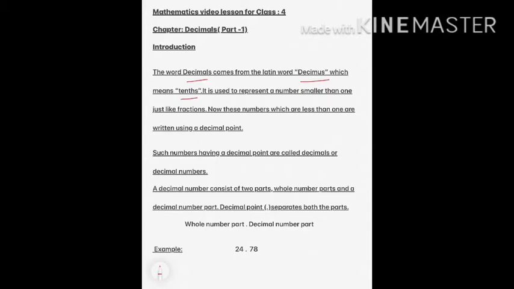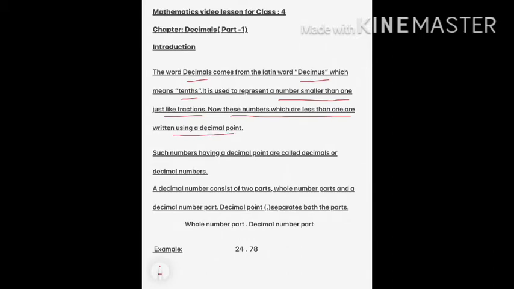Now it is used to represent a number smaller than 1, just like fractions. As we use fractions for representing numbers smaller than 1, here we can use decimals also. These numbers which are less than 1 are written using a decimal point.